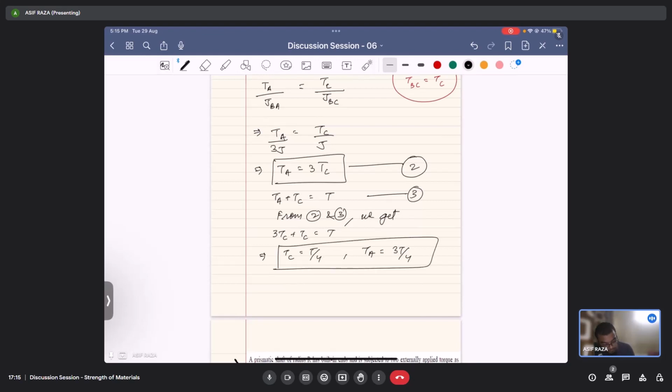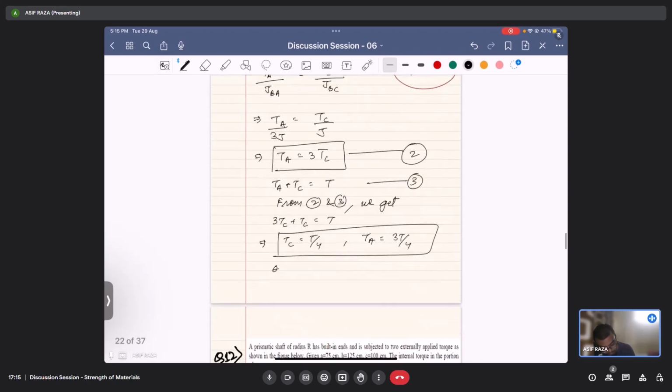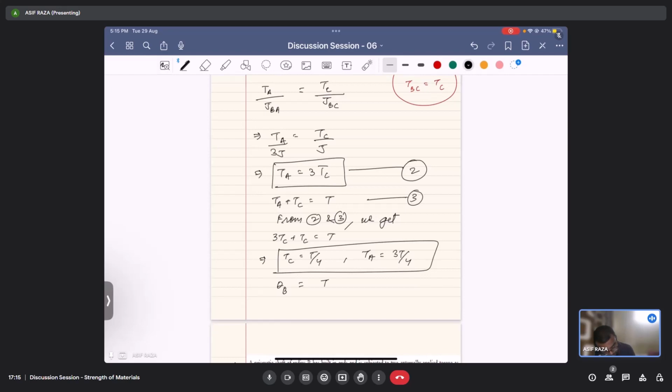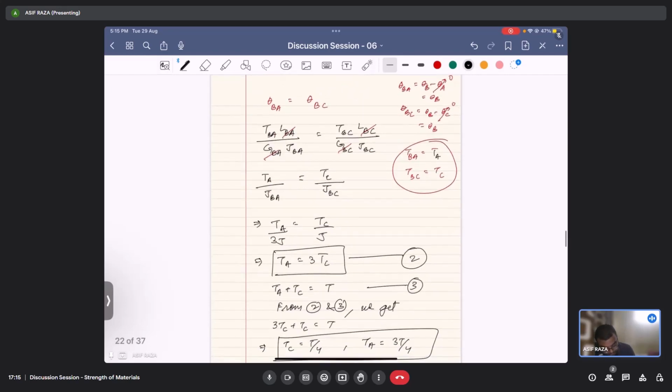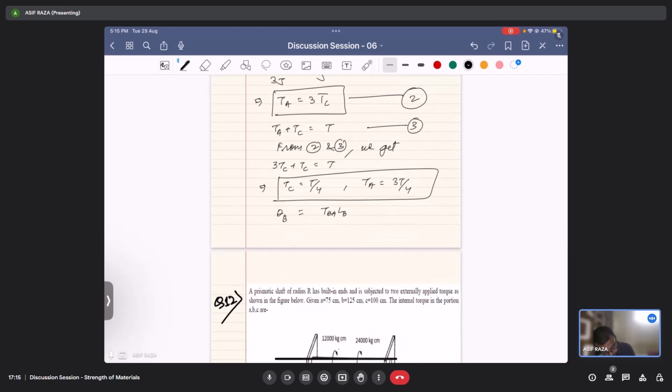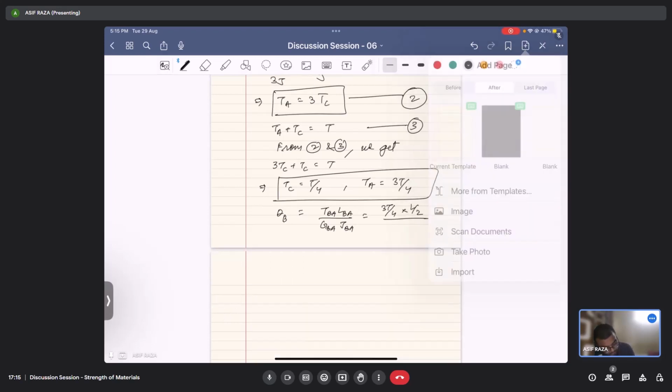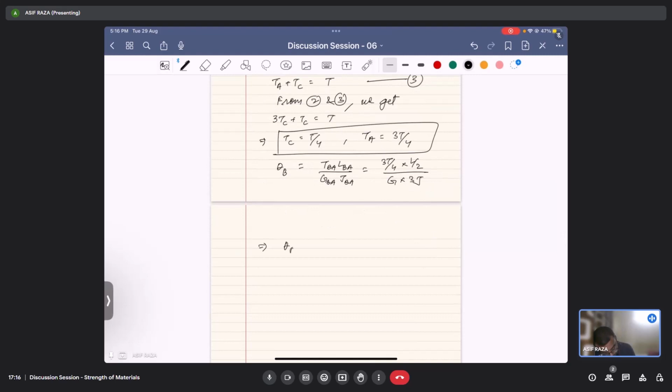Okay, then the question asks theta B. Theta B would be equal to, if I use the expression for theta BA, TBA LBA upon GBA JBA. TBA is 3T by 4, this is L by 2, and JBA is 3J, and this is G. Simplifying it, the 3 cancels out, giving TL by 8GJ.